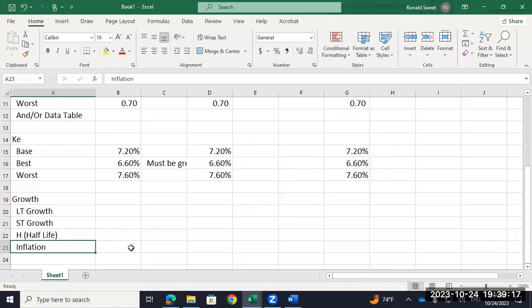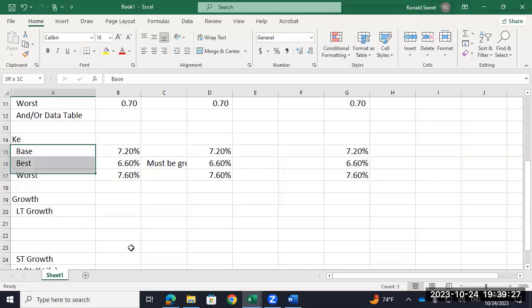We're going to talk about where you can do it. So definitely on the dividend discount model, you're going to have a best case and worst case. This is where you're going to go back and look at the history, look at the assumptions in your paper 4. You're going to bring it all together.